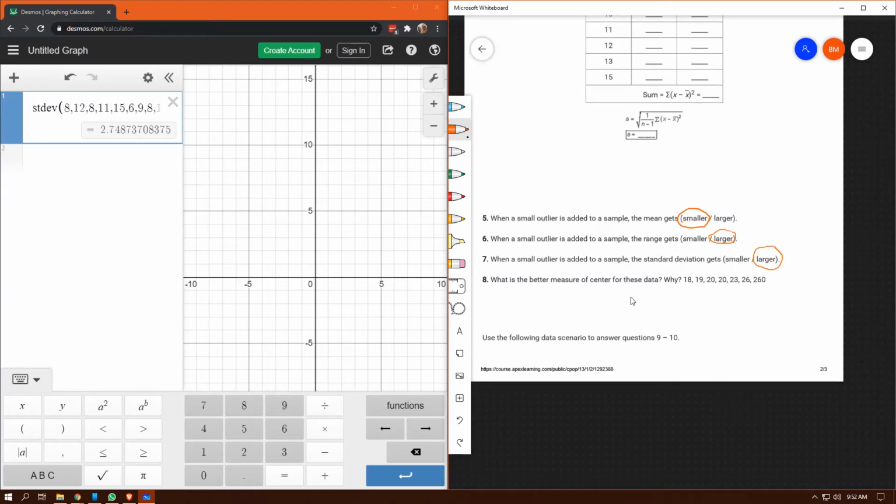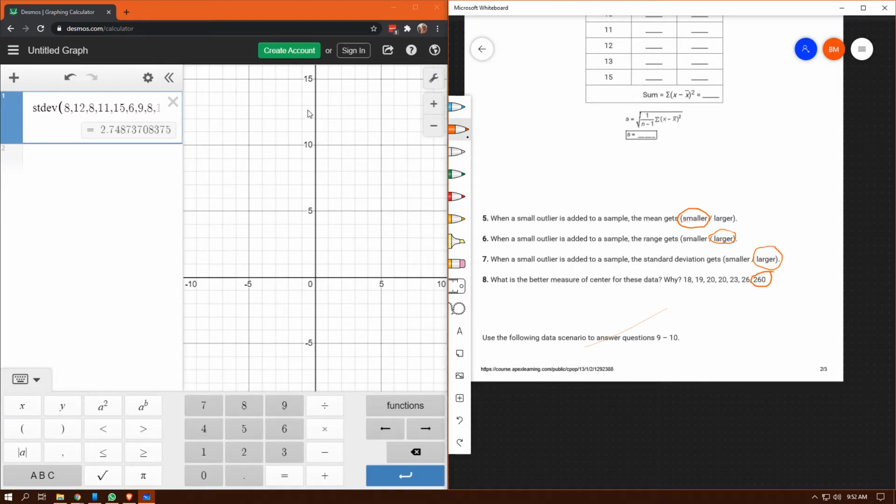So what is the better measure of center for these data and why? All right, so measure of center would be mean or median. So we're going to decide. If I'm looking, I have 18, 19, 20, 20, 23, 26, and 260. All right, so we have a number that does not fit. That's an outlier. 260 doesn't match.